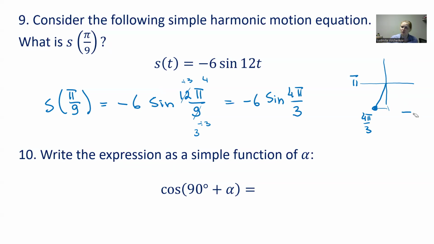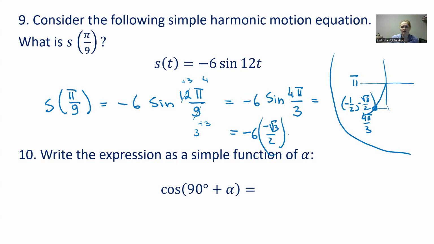The coordinates of this point on the unit circle are negative 1/2 and negative square root of 3 over 2. Negative 6 times negative square root of 3 over 2. Positive 3 square root of 3.